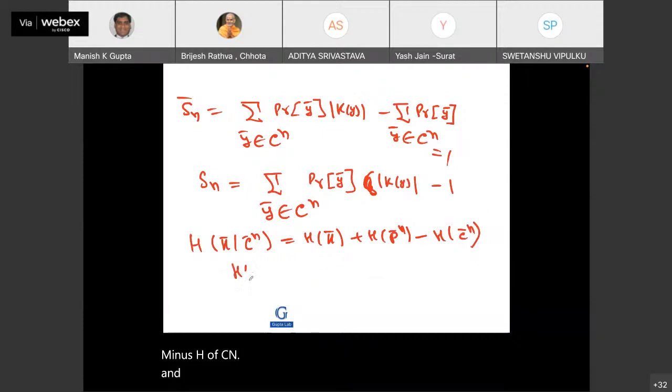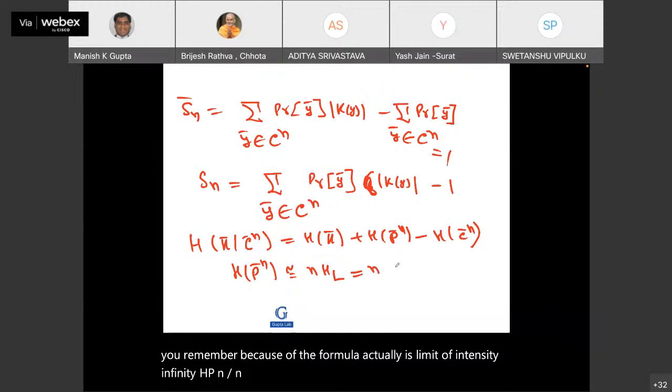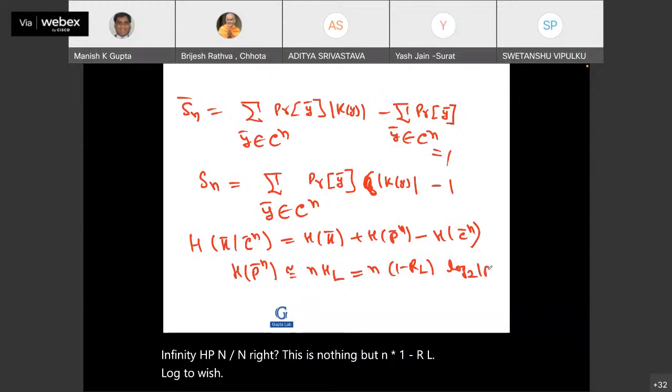And H of Pn is approximately n times HL. We remember because of the formula, HL is the limit as n tends to infinity of H of Pn divided by n. This is nothing but n times 1 minus RL, log 2 base cardinality of P, for large n.